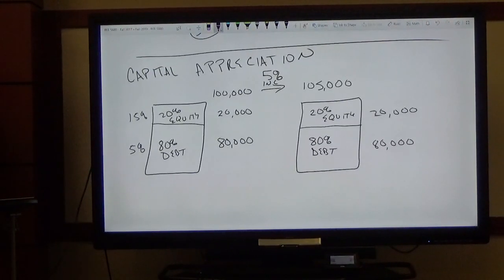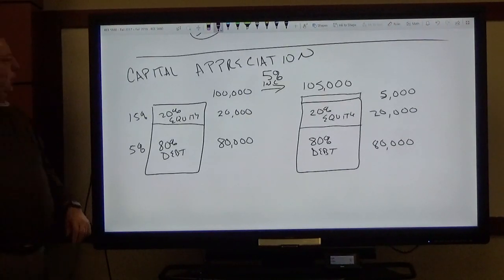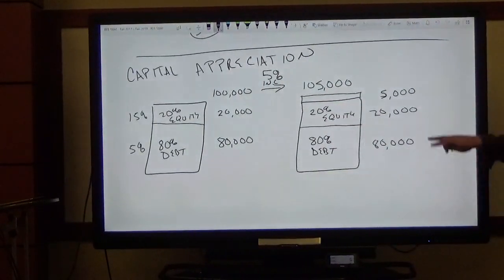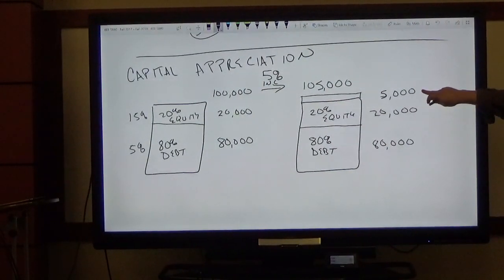But what we're going to find is we're going to have this newfound equity, in this case, of 5,000. Okay? This is where it gets stuck on top. Now, the reason why we don't really want to completely readjust these numbers is, this is funny money. Okay?